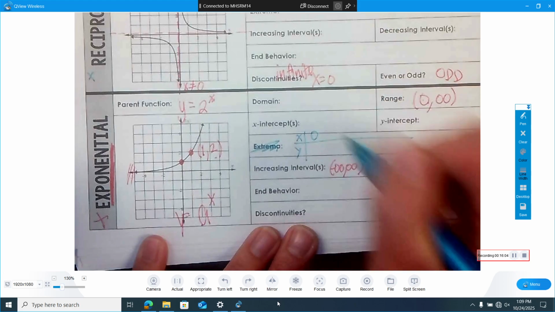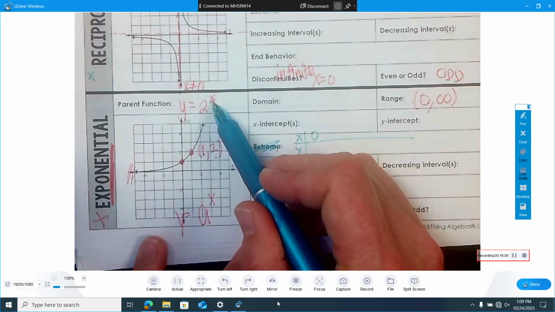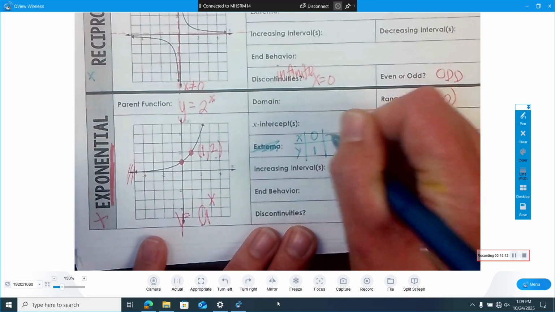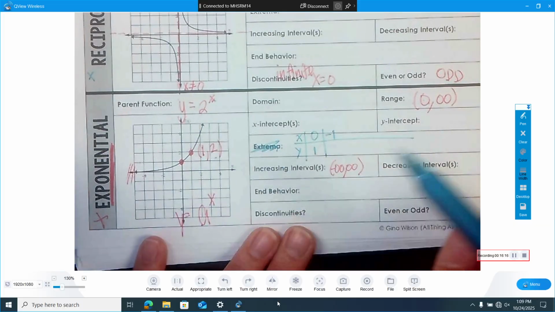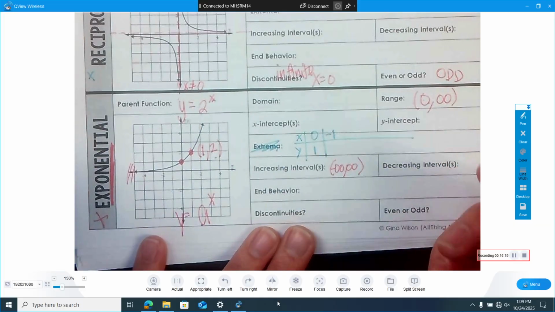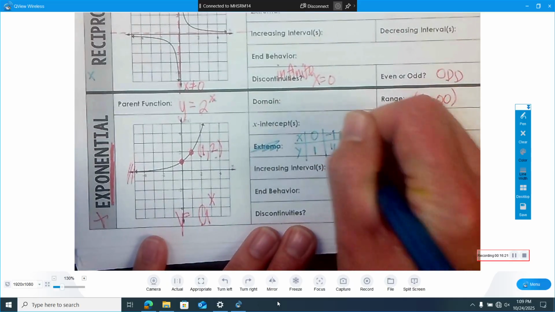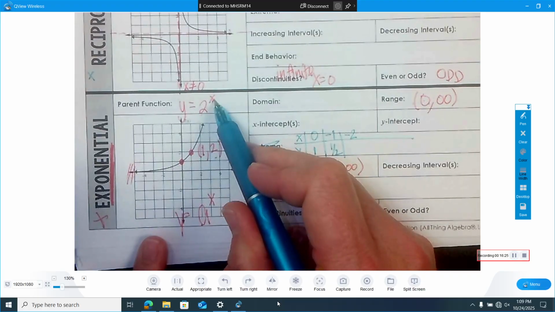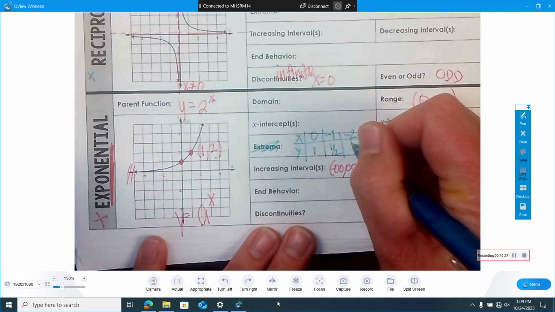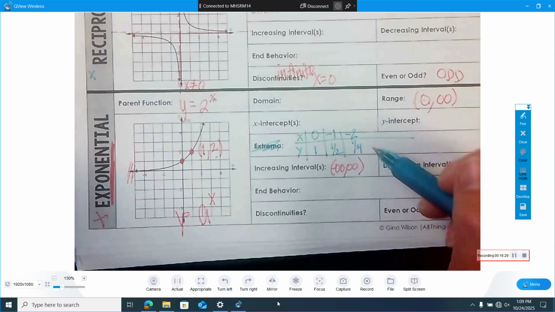When x is 0, what is 2 to the power of 0? 1, always. If x is negative 1, what's 2 to the negative 1? 1/2, very good. And if it's negative 2, 2 to the negative 2? 1/4. If you didn't know that, you can use your calculator.